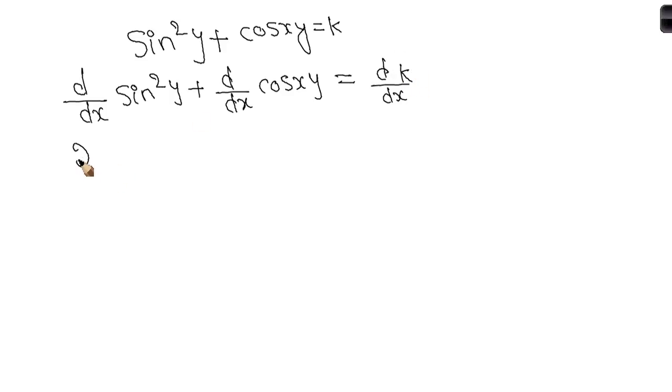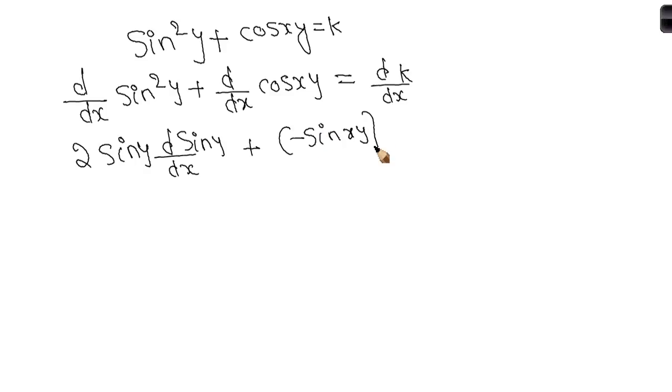So derivative of sin square y is 2 sin y into derivative of sin y with respect to x, plus derivative of cos xy would be, derivative of cos is minus sin, so minus sin xy into derivative of xy, into derivative of constant is 0.